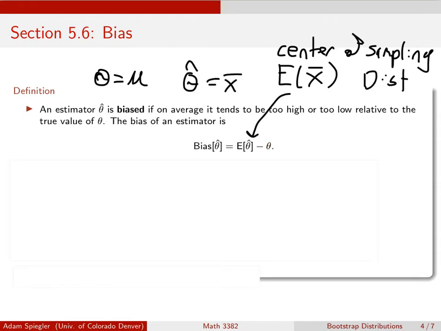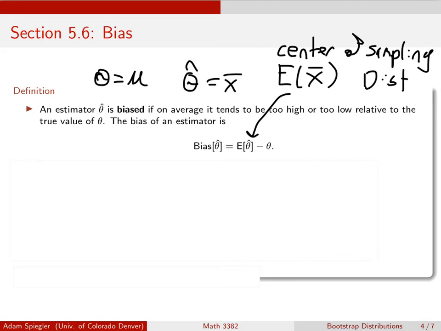Oftentimes we don't know what that is, but some things we've already seen: when estimating a population mean, the sampling distribution for the sample mean is an unbiased estimator because the sampling distribution is centered at the value of mu.